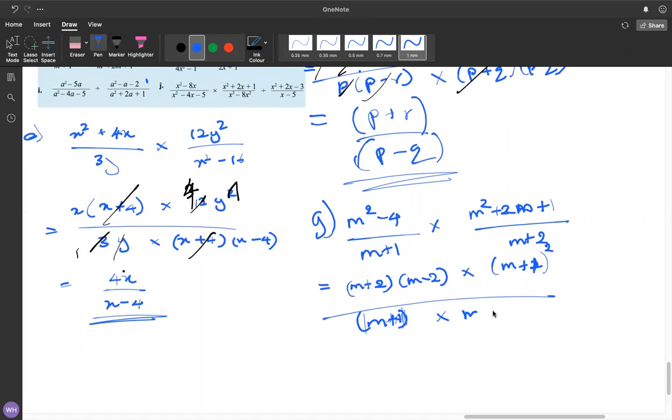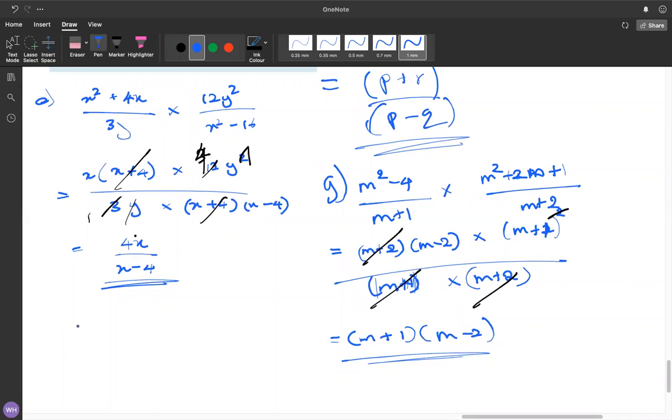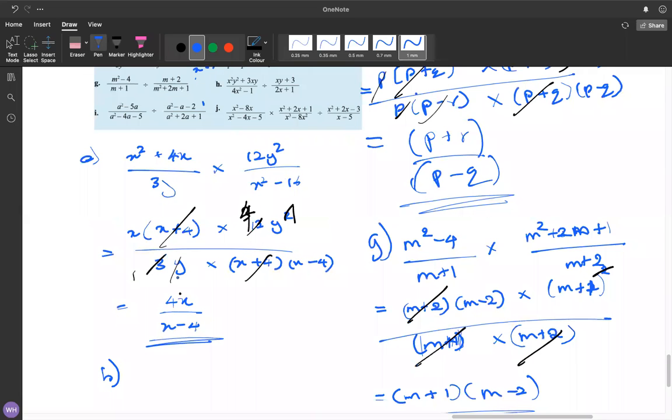Okay, one m plus 1 gets cancelled, m plus 2 gets cancelled. Then m minus 2, m plus 1, correct. Your answer, m plus 1 times m minus 2. Either way, the order of these two doesn't matter. Answer is correct. H. Mandini, tell me the answer.